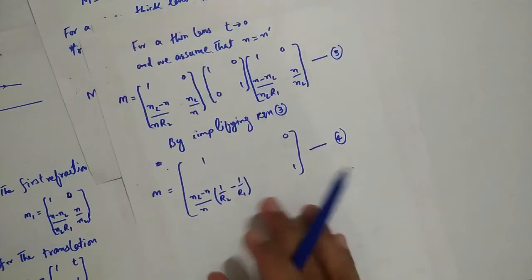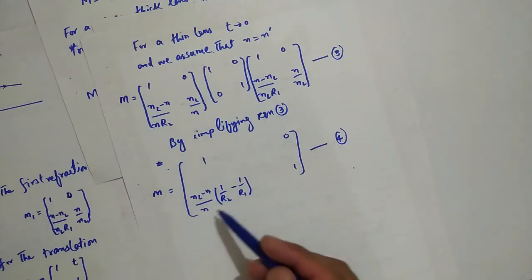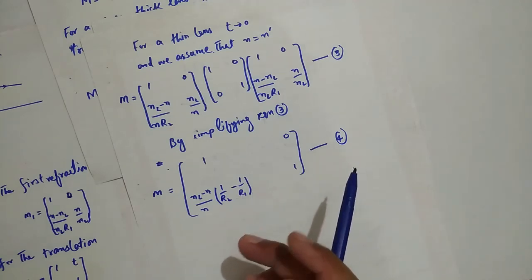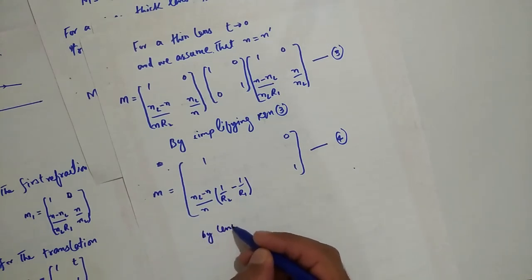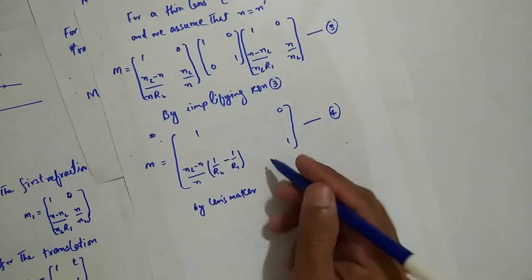Here this element of the ray transfer matrix for a thin lens is by the use of the Lensmaker's formula.